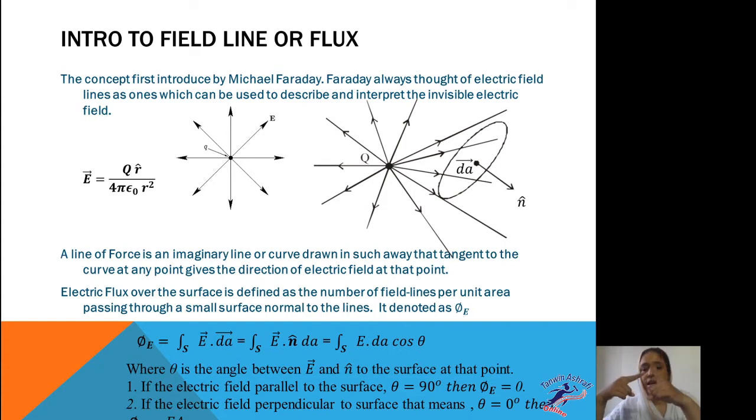But if they are perpendicular to each other, that is, the area under consideration has a normal perpendicular to the electric field, that is 90 degrees, then there is no flux.